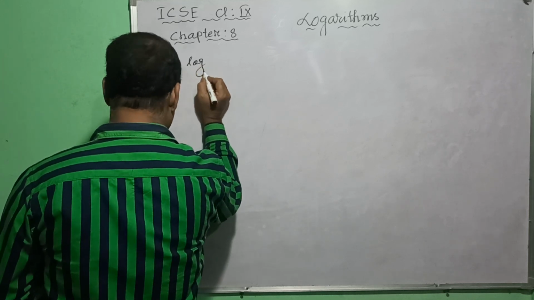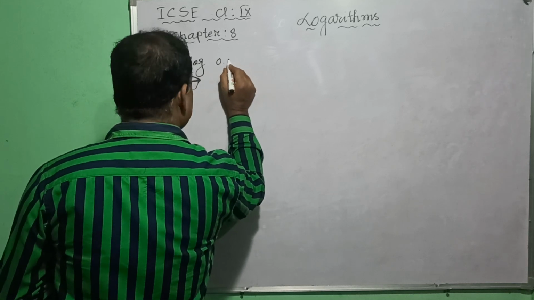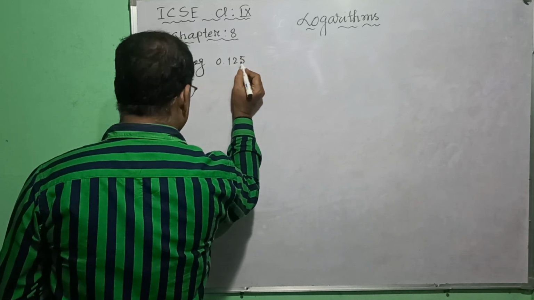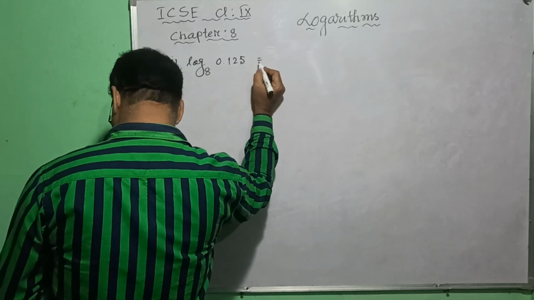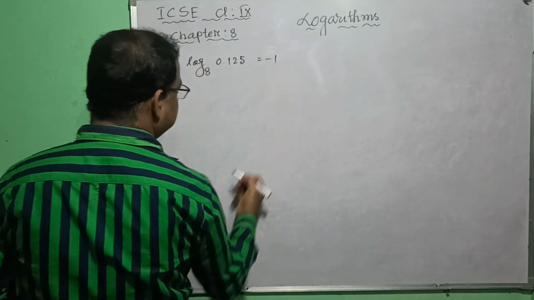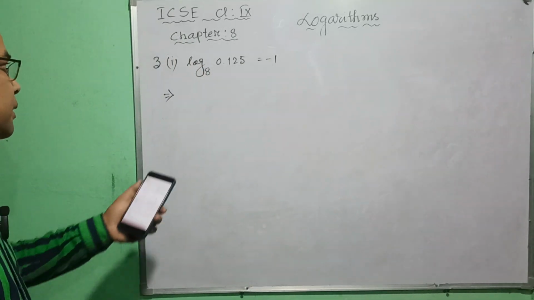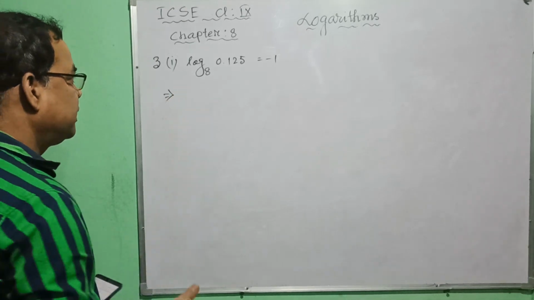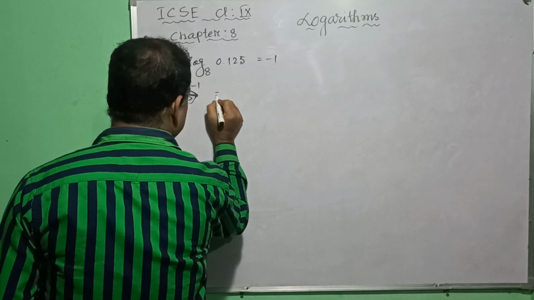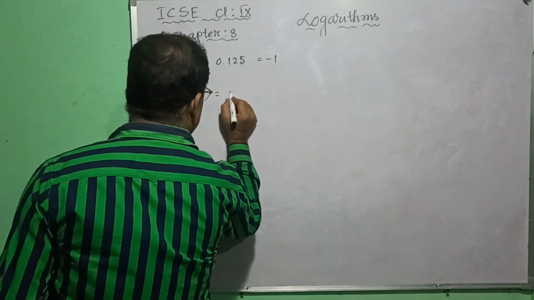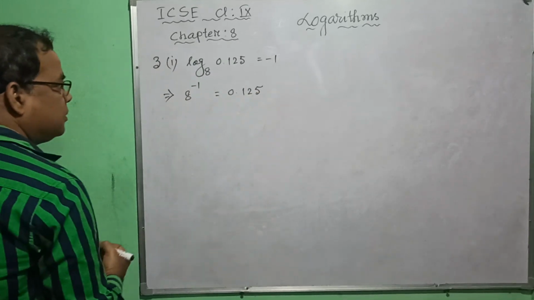It is given log 0.125 at base 8 equal to minus 1. This implies, here base is 8, so we can write 8 to the power minus 1 equal to 0.125. So this is the answer.